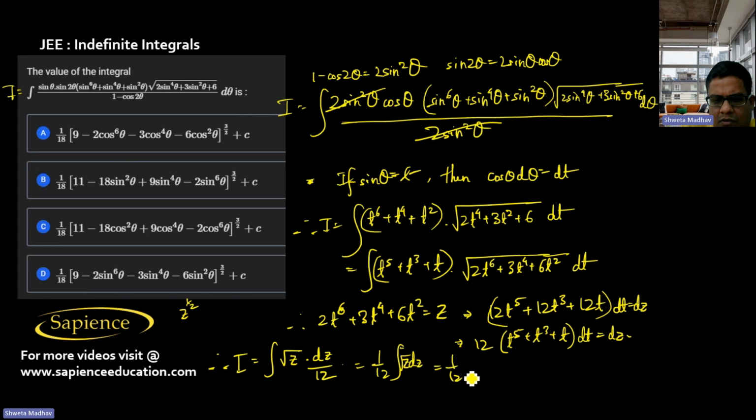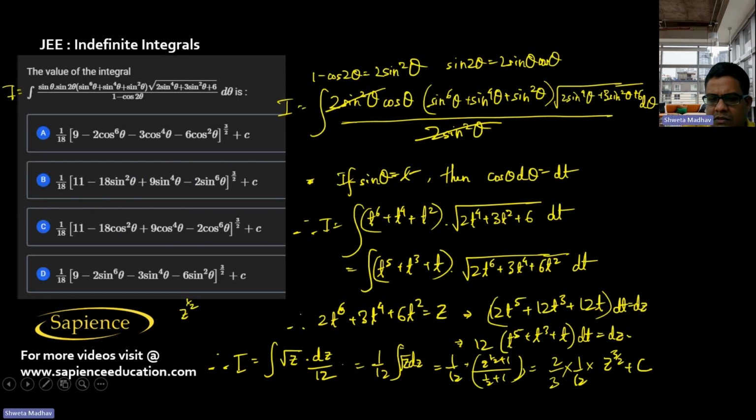So this will be 1 by 12 into z power half plus 1 by half plus 1. So this will be 3 by 2. So this is 2 by 3 into 1 by 12 into z power 3 by 2 plus c.